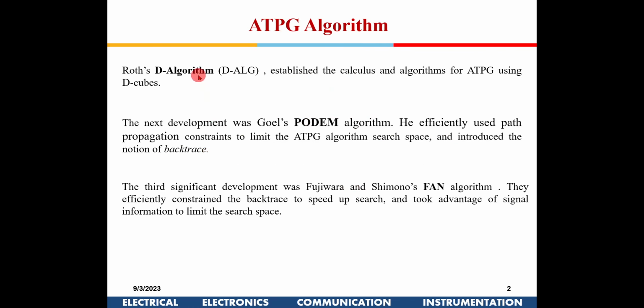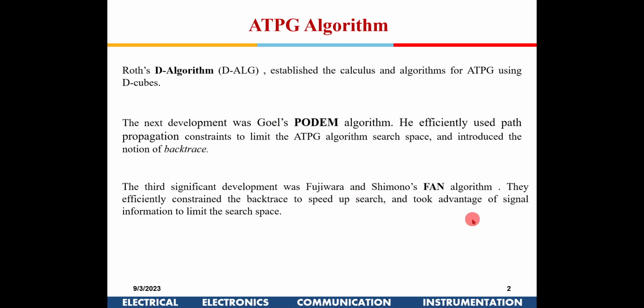Now to start with, we will start with Roth's algorithm, which is also known as the D algorithm. This was widely used in the industry for a long time till PODEM came. PODEM is slightly more efficient and much faster than the D algorithm, and then followed by PODEM, the FAN algorithm came.